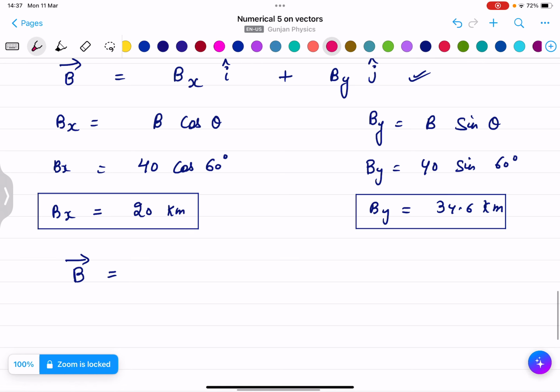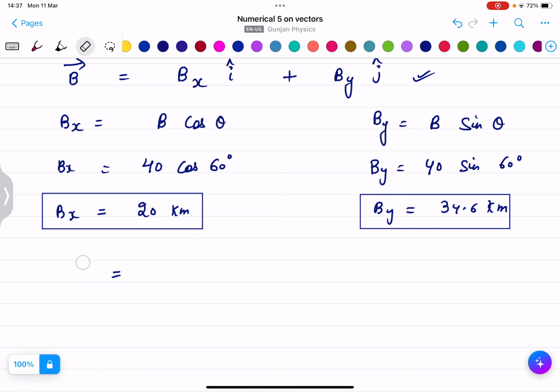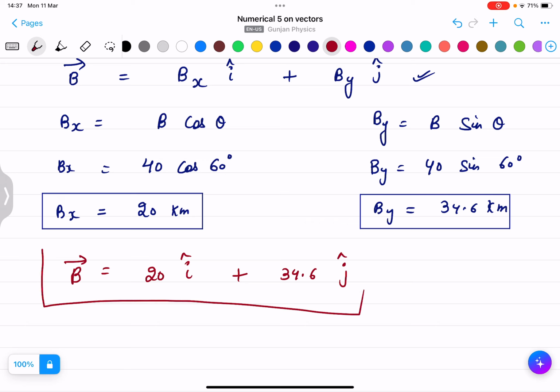Let's write with the pink color here. Okay, so what will be my B vector? It is 20i plus 34.6j, unit vector, right?